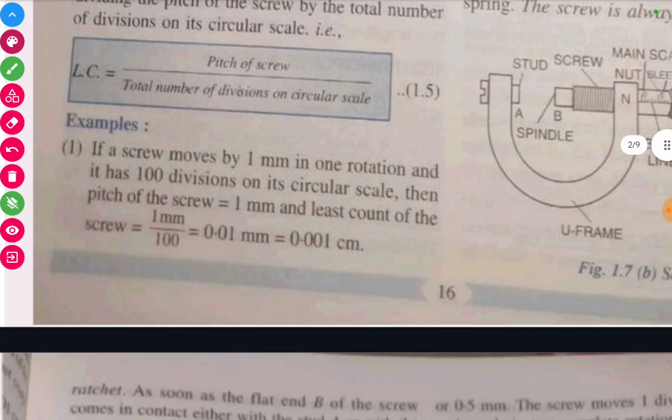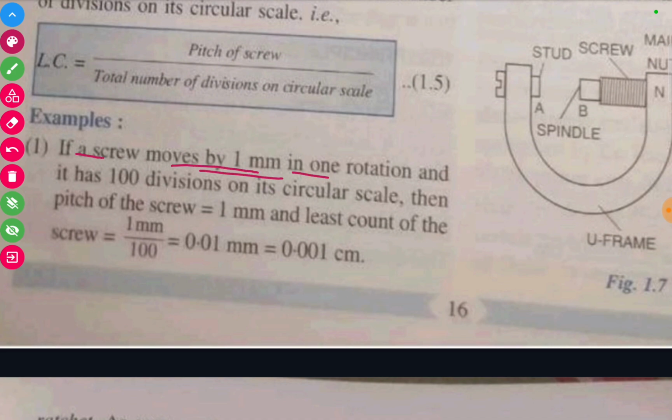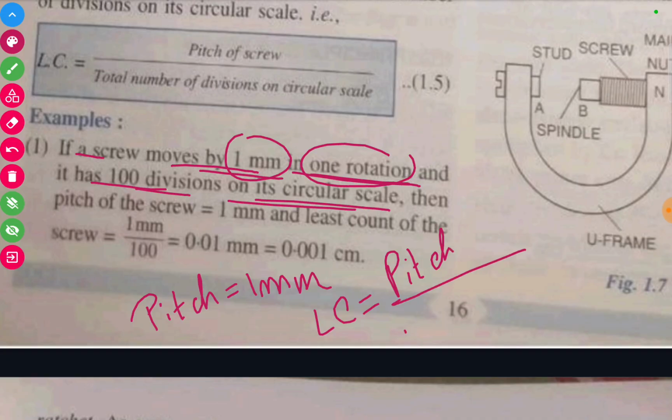Let's take an example. Say if a screw moves 1 millimeter in one rotation, that means pitch is equal to 1 millimeter, and it has 100 divisions on a circular scale. So how to find the least count? Least count is the pitch divided by the number of circular scale divisions.